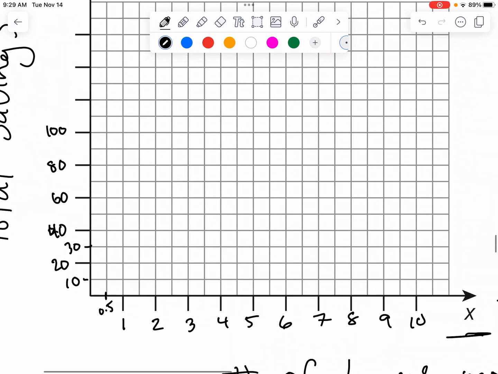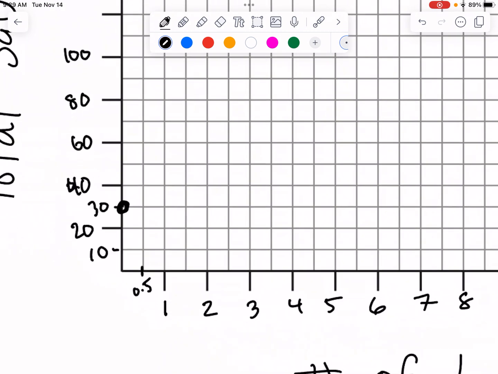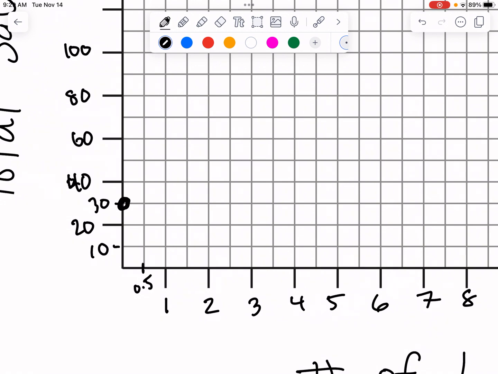Okay, so for this, we're going to begin at positive 30 right here, and we're going to move 15 over 1. So we can add here, 30 plus 15 is 45. 45 would be at a height right there, and move over 1. So that's 1 would be right here. So this is up 15, right 1.